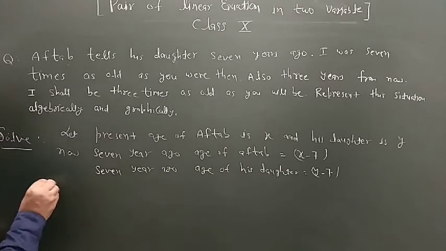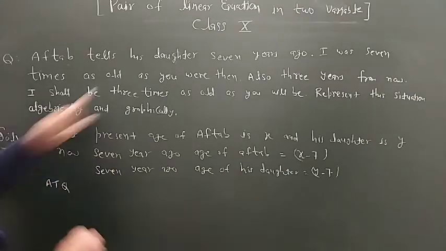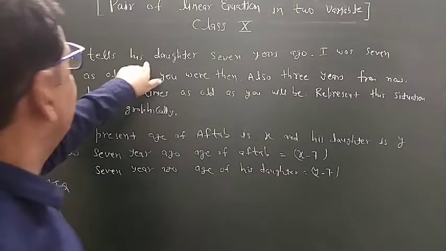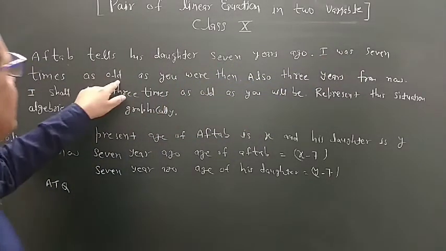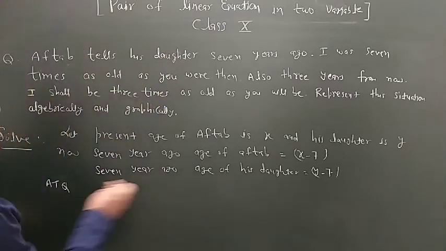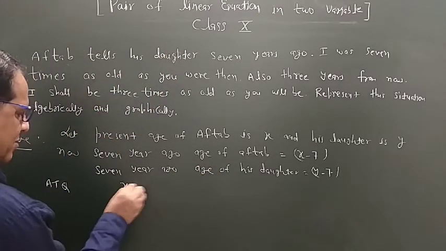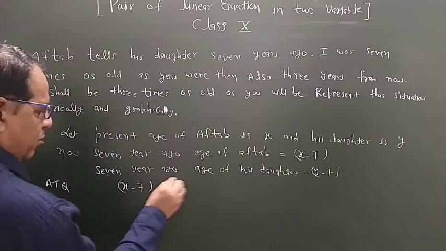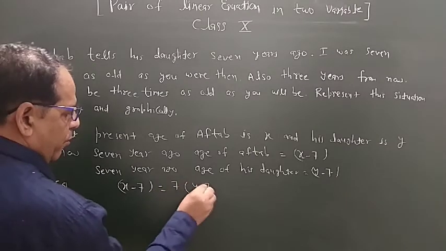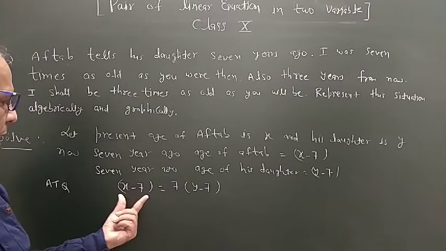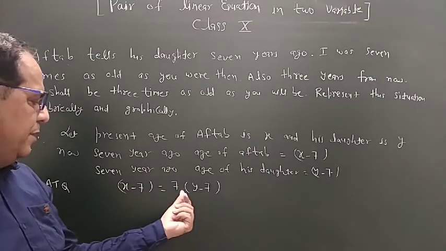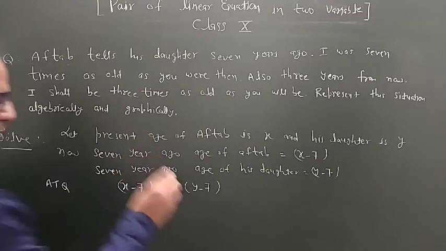Now according to the question, Aftab tells his daughter, 7 years ago I was 7 times as old as you. According to the question, x minus 7 is equal to 7 times y minus 7. Seven years ago, Aftab was 7 times the age of his daughter.